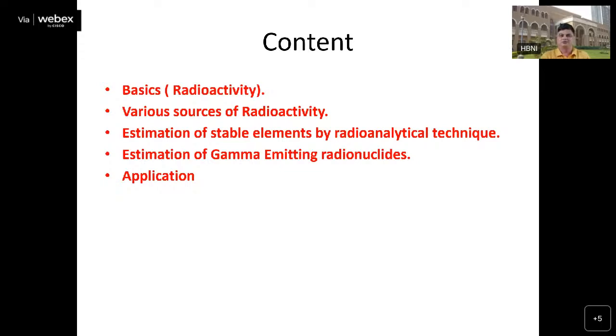Then the estimation of gamma-emitting radionuclides, because we introduce gamma activity in that stable element, and with the help of these gamma emissions, both qualitative and quantitative analysis is done for various trace, major or minor elements. And then some applications.